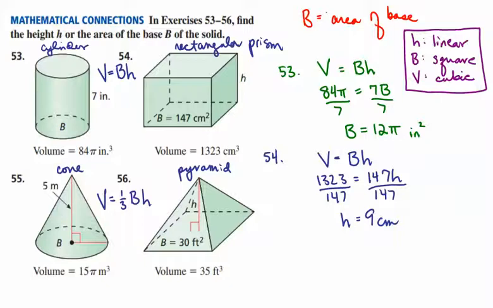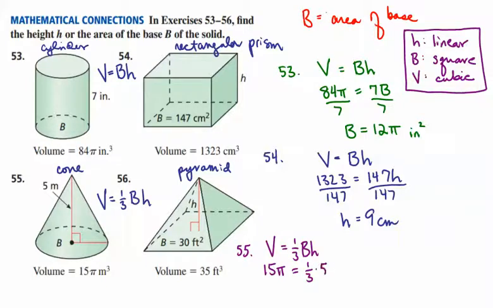We'll go on to number 55. So for number 55, this time our formula is 1/3 capital B H, and we're given that the volume is 15 pi meters cubed. We're told that the height is 5, but we're not told the area of the base.